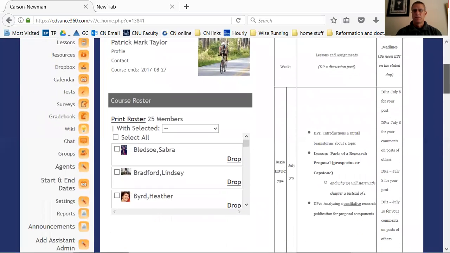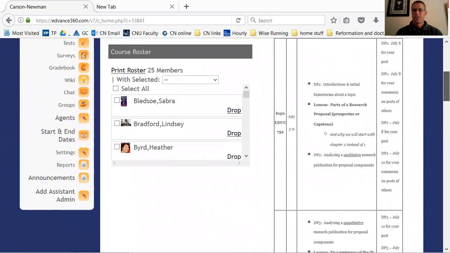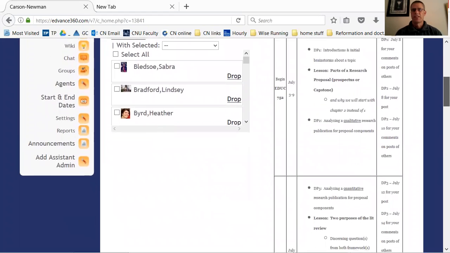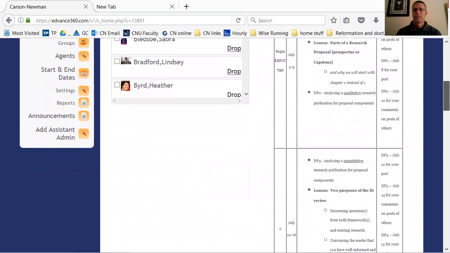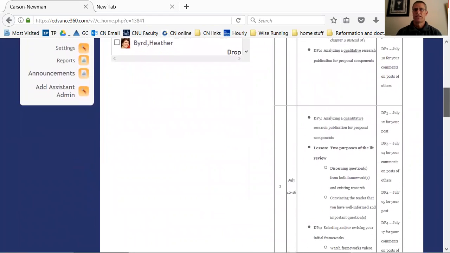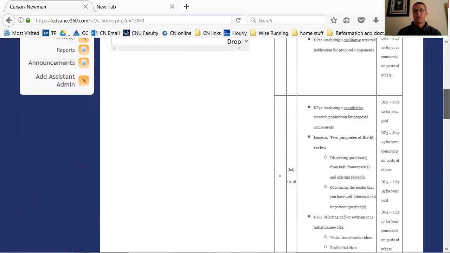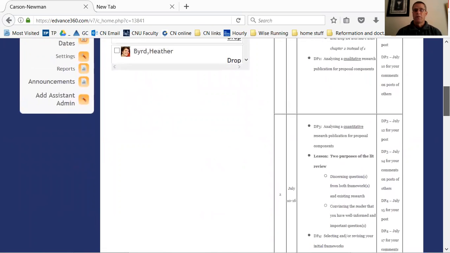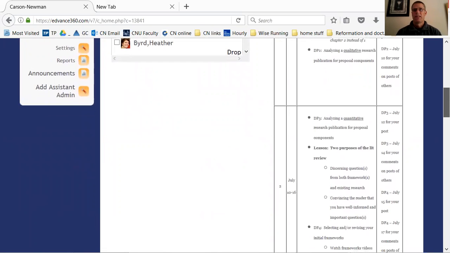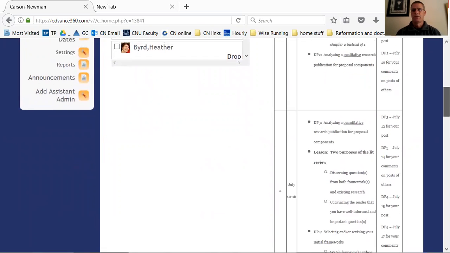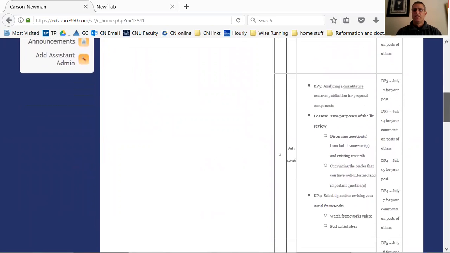In the first week, we did the introductions and started analyzing research publications, which we finished in the second week. So you'd be familiar with the components of a proposal and see how it plays out in a research publication.